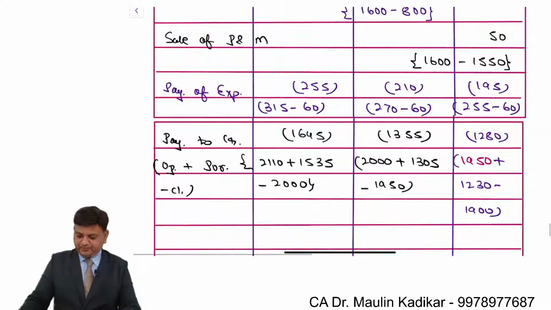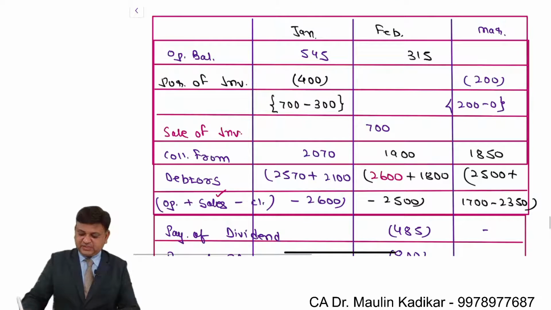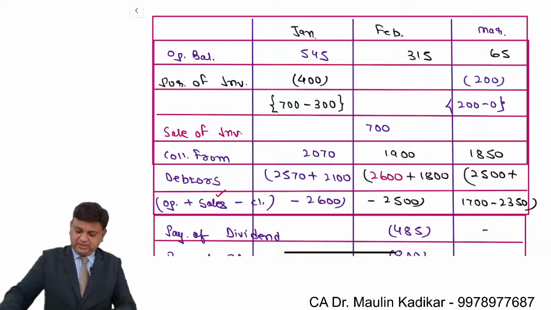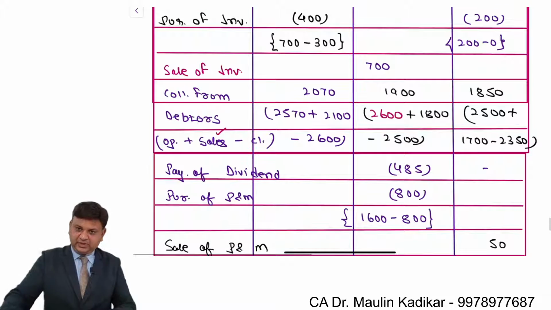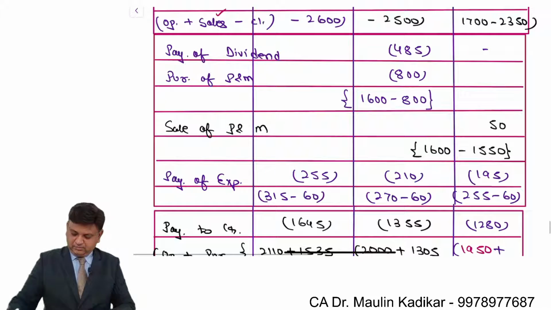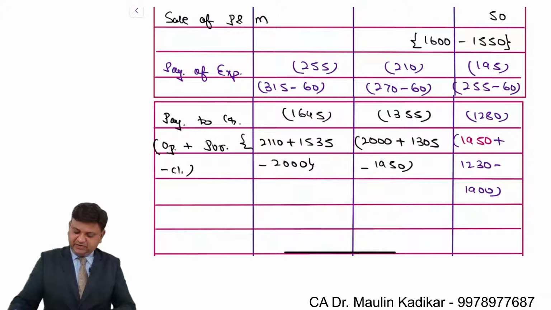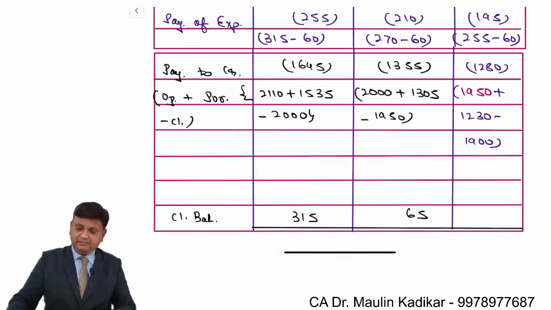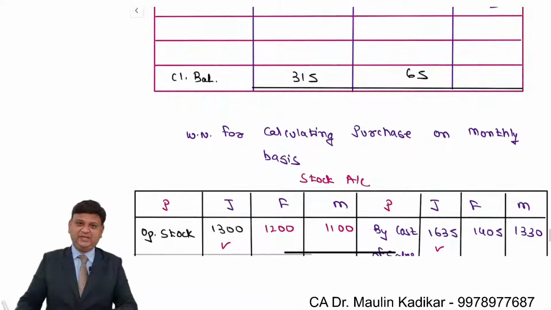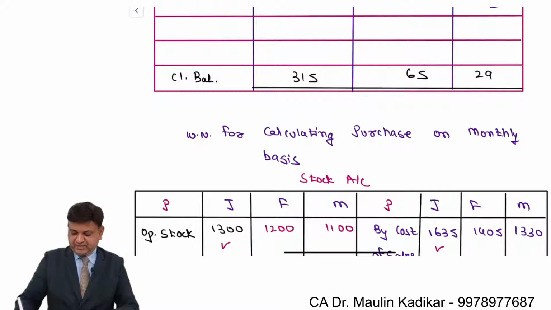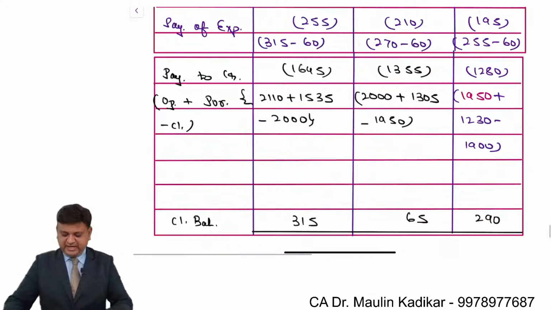Okay. Now the opening of the next month is 65 minus 200 plus 1850 plus 15 minus 195 minus 1280. So the closing is 290. This is the way we are required to prepare the cash budget.